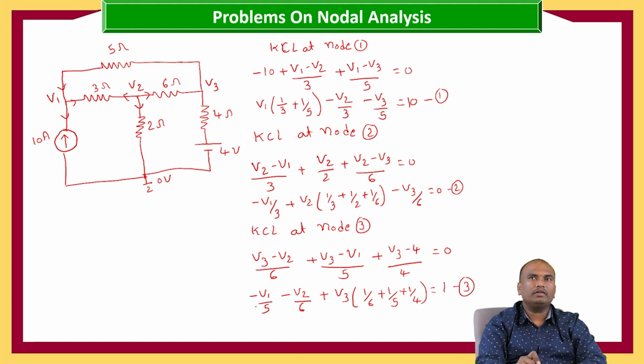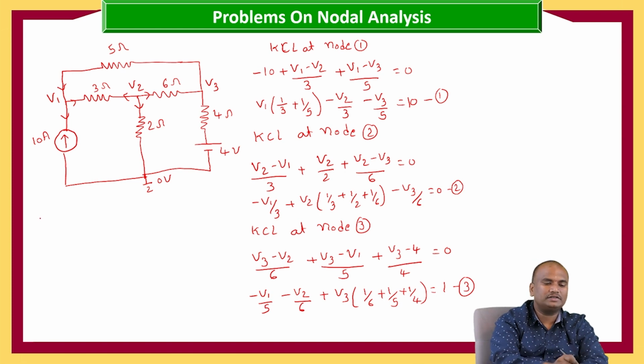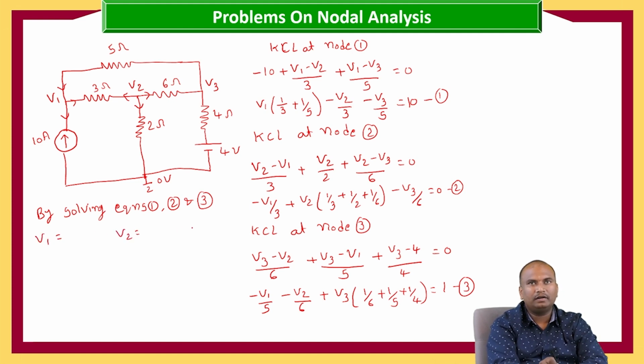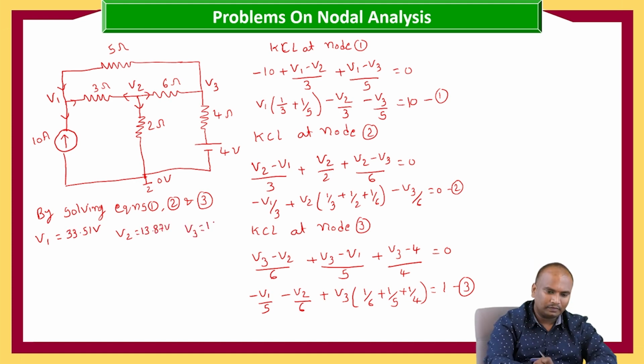Now we have got the 3 equations. By solving equations 1, 2 and 3, we are going to get the V1, V2 and V3.